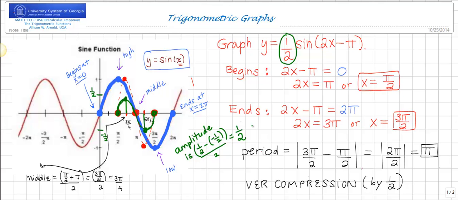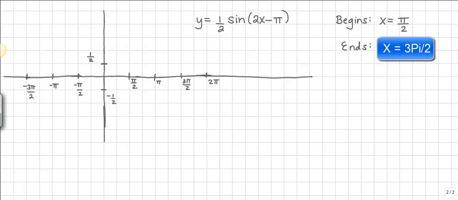So I want you to bear in mind that we've got a graph that starts at pi over 2, ends at 3 pi over 2, and has a period of pi, and bounces up to 1/2 and down to -1/2. Okay, so take a look here. We're going to start this graph over, and we're going to do this carefully together.